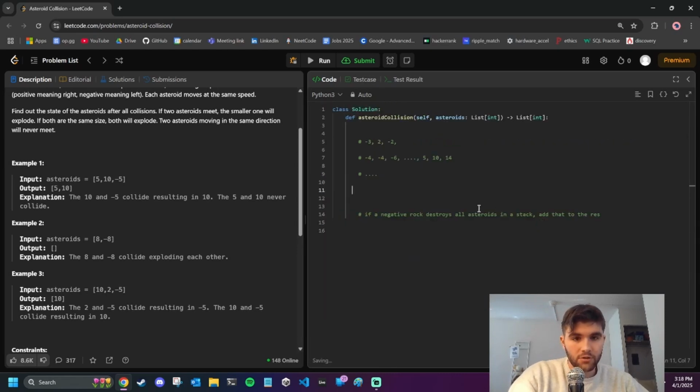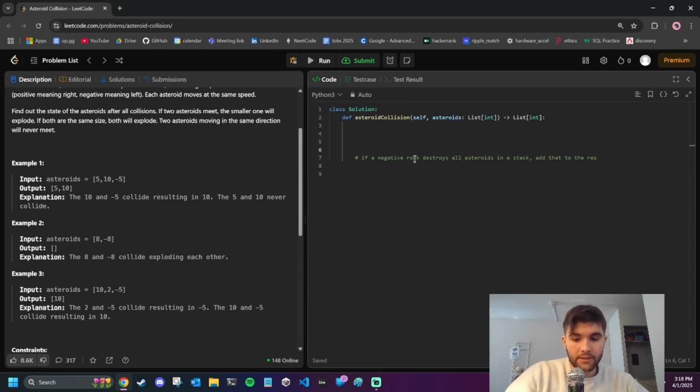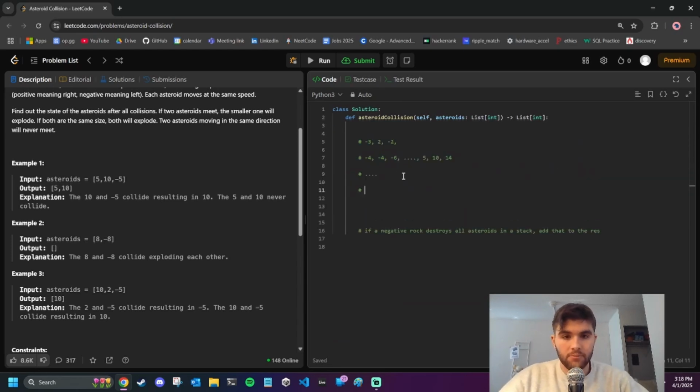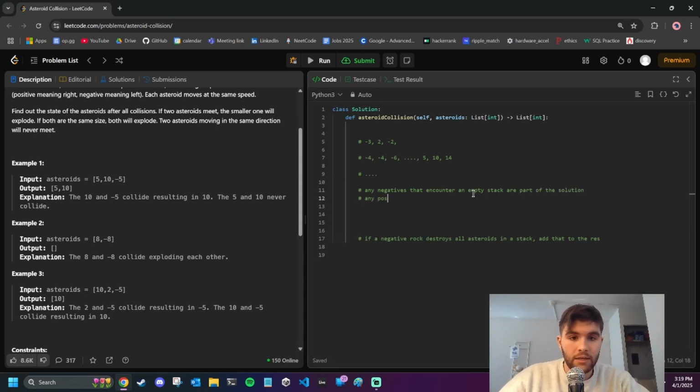So my general idea is, actually, now that I'm thinking about it, if we use the logic I just said, any negatives that encounter an empty stack are part of the solution, and any positives remaining in the stack are part of the solution.